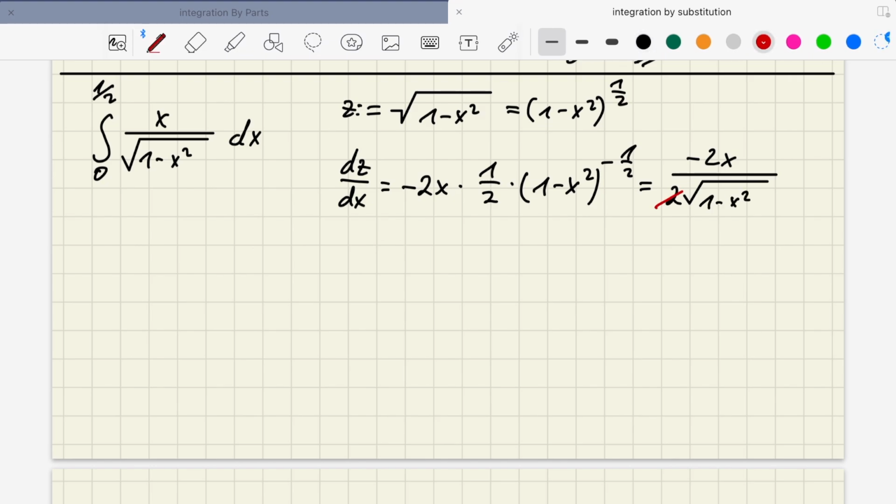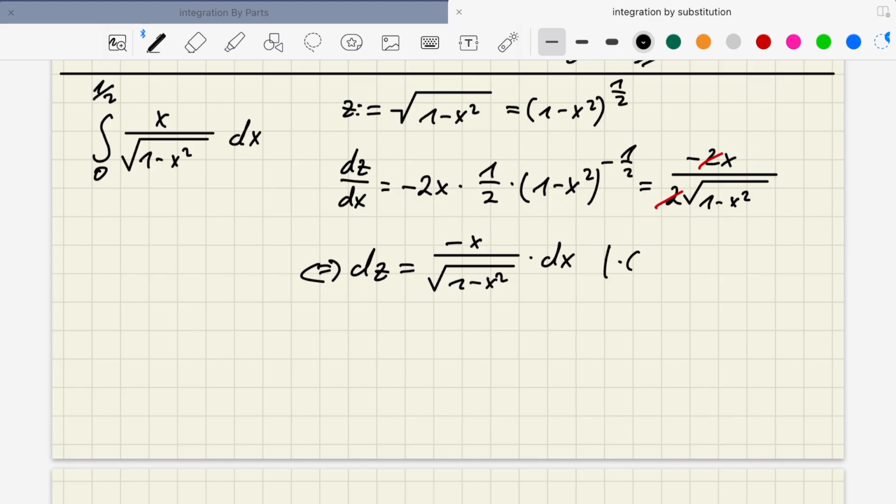I can shorten the fraction and solve for dz, which will leave you with dz is equal to minus x divided by the square root of 1 minus x squared multiplied with the dx.